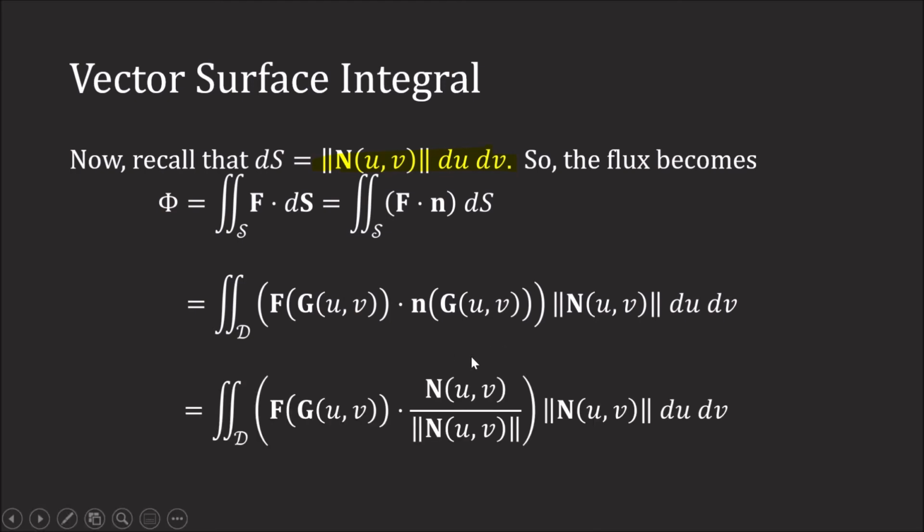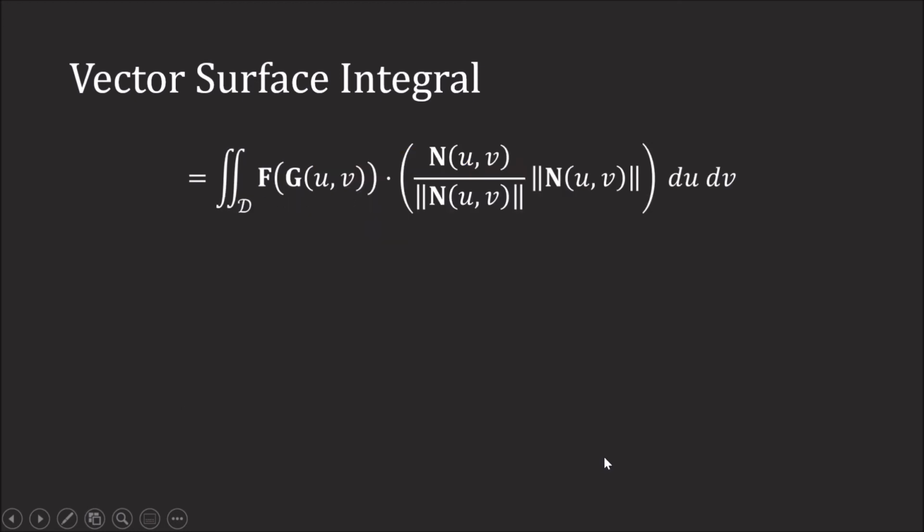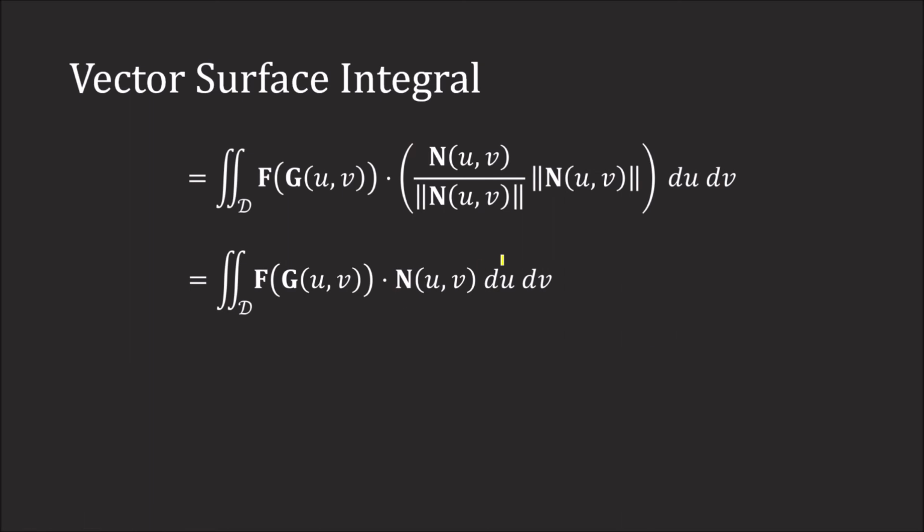But n of G can be written as this. And of course, it does not matter where we put the scalar, so we can combine these two right here. The norms are going to cancel out, and we're left with this.